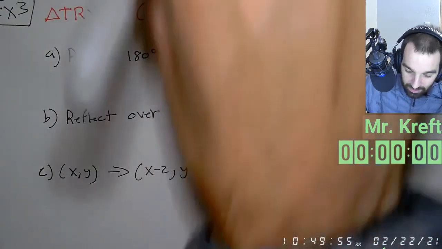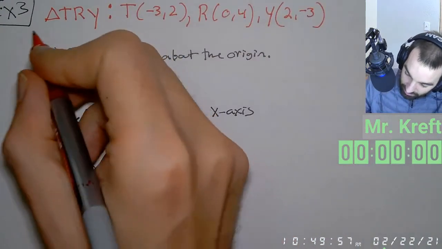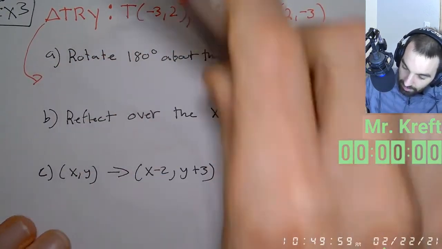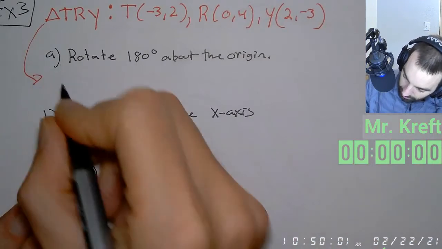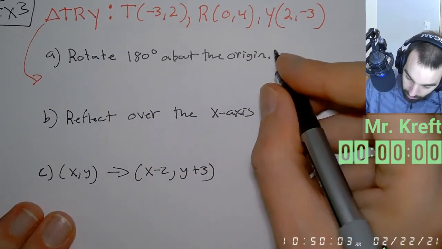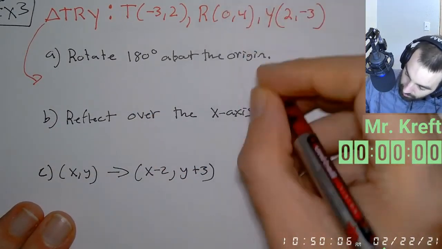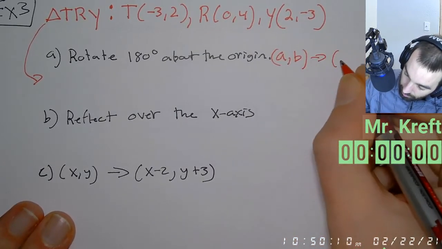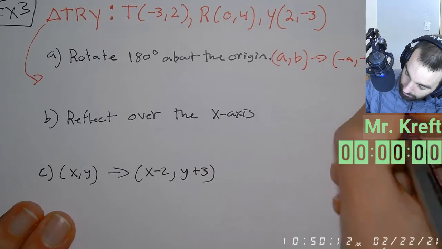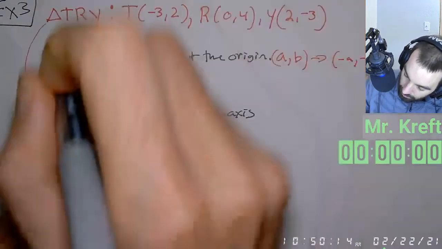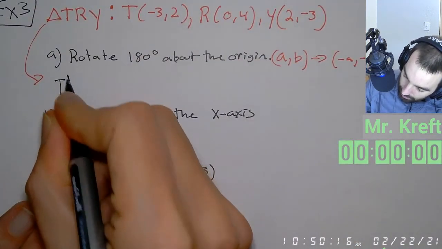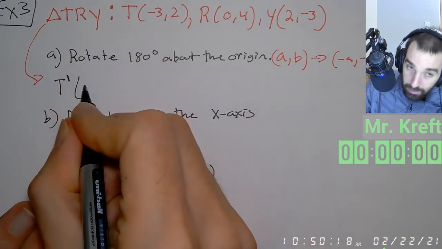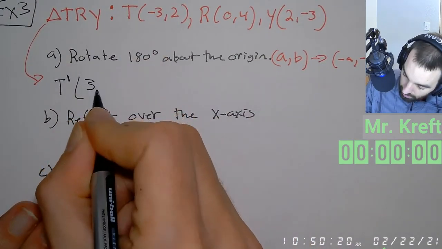So the first thing I'm going to do is take this red one and plug it into here. So let's see here. I'm going to rotate 180 degrees. So my formula for this is I'm going to take every point A, B, and do the opposite. So I'm going to have negative A, negative B. So I'm going to have T prime. The opposite of negative 3 is positive 3.